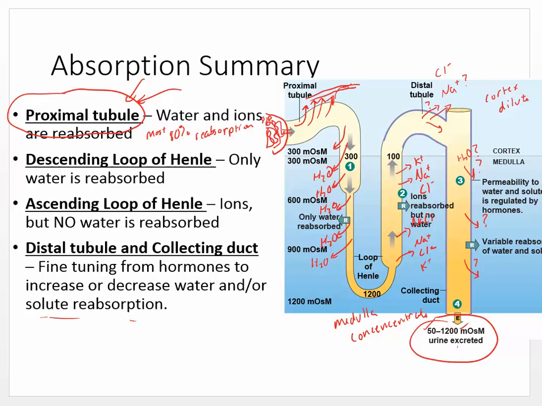But if we don't know that it's very concentrated in the bottom part and very dilute in the top, we would look at this and say, oh, look at all the salts over here, because they're being actively kicked out, and the water over here, which is being allowed to leave, then we might say, oh, it looks like it's going to be very dilute on the left and very concentrated on the right. But that isn't the way it is.